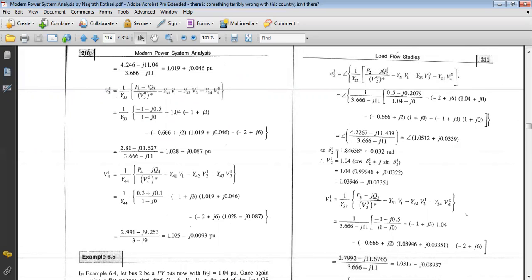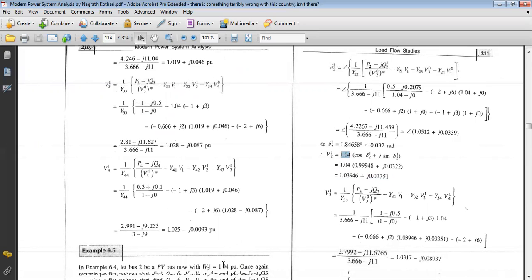Now we convert this angle to radians, and then we can update the bus voltage V2. The magnitude 1.04 is fixed because it is given in the question, so we only consider the angle, and now we can update the value of V2.